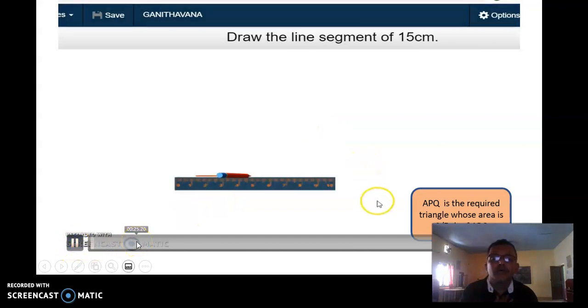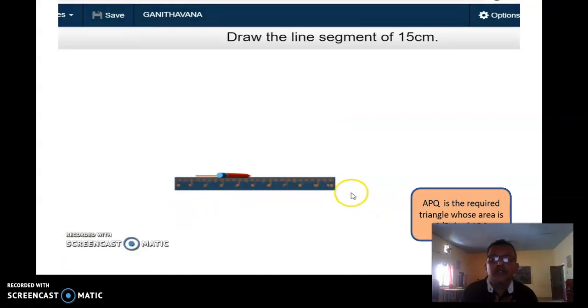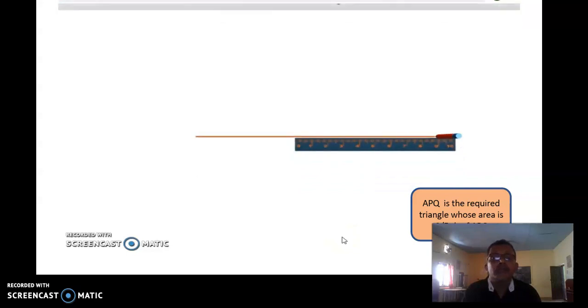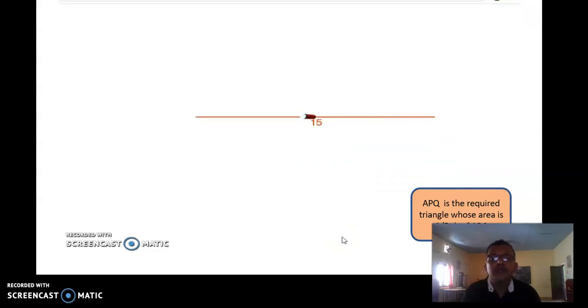So first you know how to draw the triangle. Draw the line segment AB with 15 centimeter.